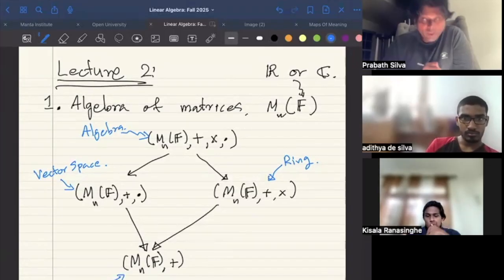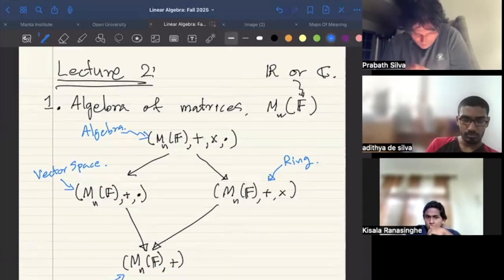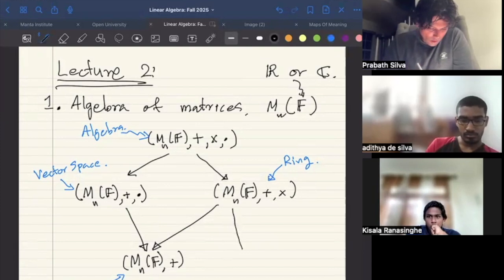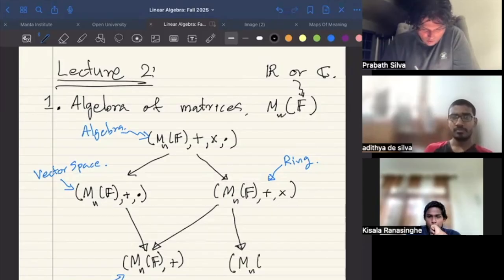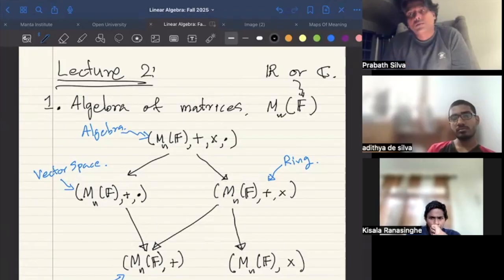Now, if you just consider matrices under multiplication, the multiplication is going to be associative.